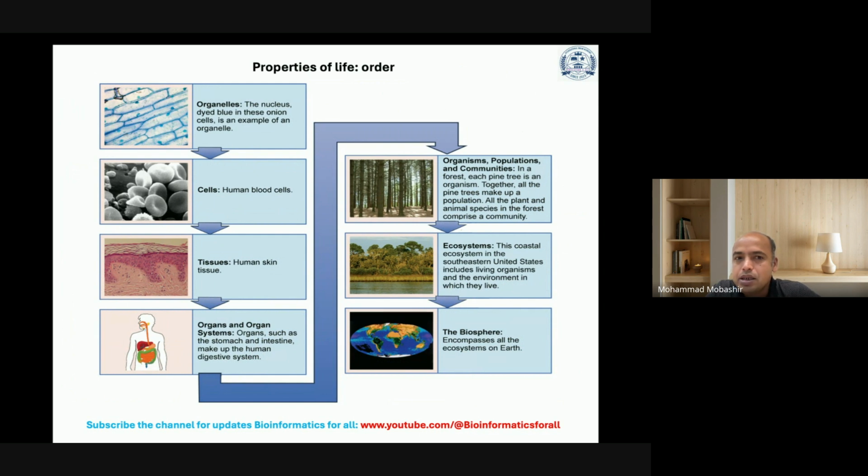Then you could go to cells, like human blood cells, how they look, you could see here. Tissues could look like here. Then organs or organ system here. Then it goes to organisms and population, for example, here trees. And then ecosystem, water, plants, and many other living organisms inside water and in the forest area. Then it comes to the biosphere, that encompasses all the ecosystems on the earth.